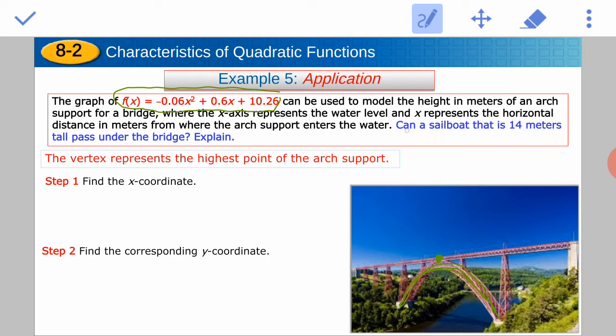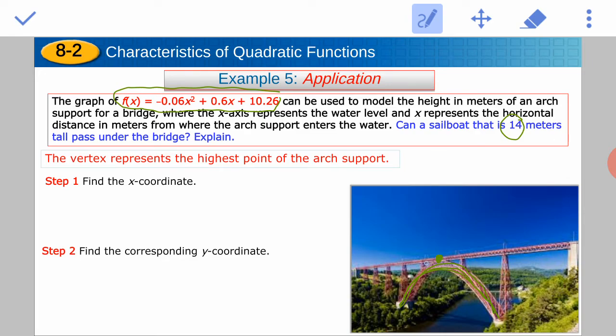The question is, can a sailboat, guys, consider there is a boat that wants to cross the river underneath this bridge. Can a sailboat that is 14 meters tall pass under the bridge? And explain your answer. Guys, how do we know if this sailboat can cross under the bridge or not?